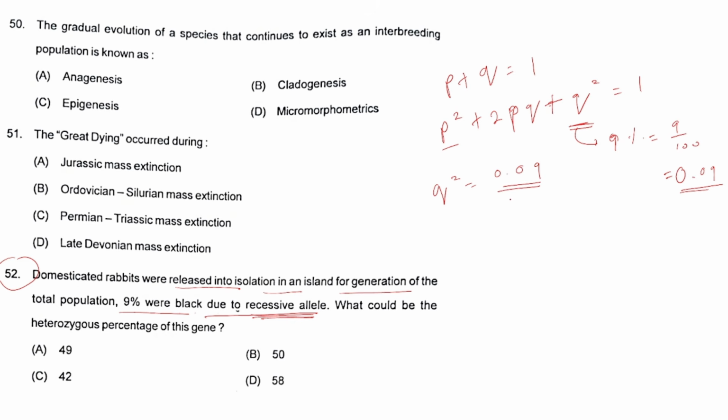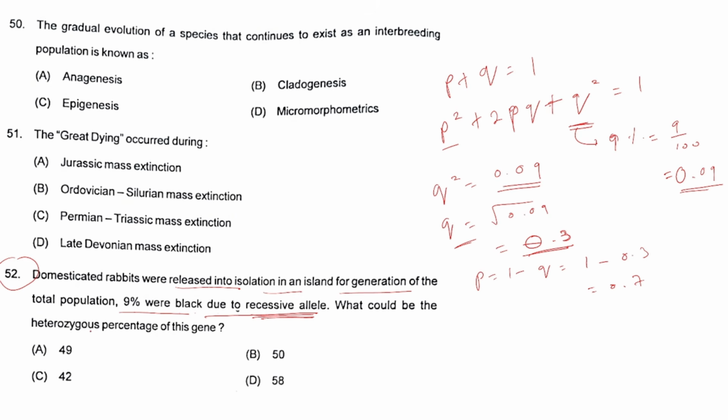If the value of Q square is 0.09, then Q will be the root of 0.09, that will become 0.3. So now we have the value of Q, and we can find the value of P. P is equal to 1 minus Q, that is 1 minus 0.3, that becomes 0.7.